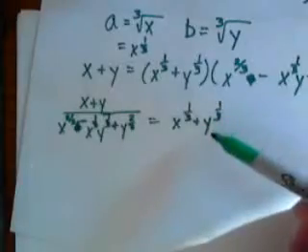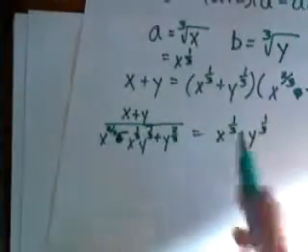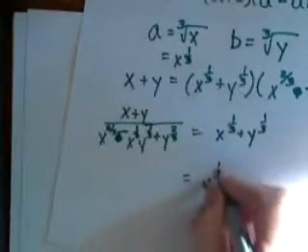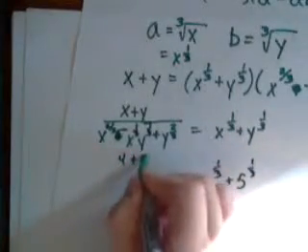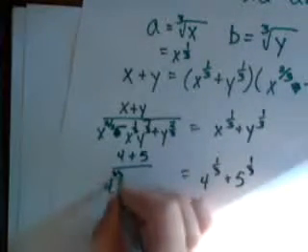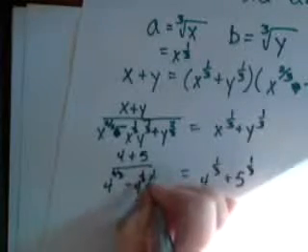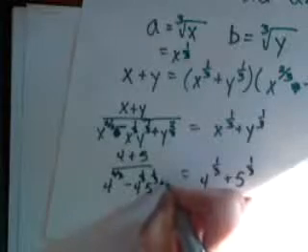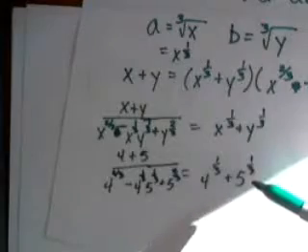If we use this definition over here, 4 to the 1/3 plus 5 to the 1/3 is the same thing as 4 plus 5 over 4 to the 2/3 minus 4 to the 1/3 times 5 to the 1/3 plus 5 to the 2/3, and that's all in the denominator. We can make that substitution if we realize that our denominator was exactly the same as that.